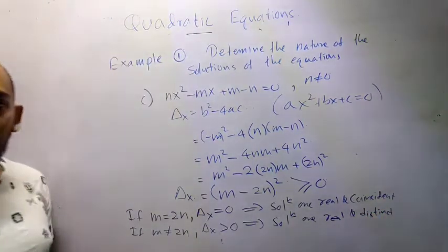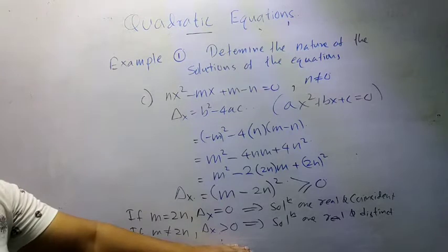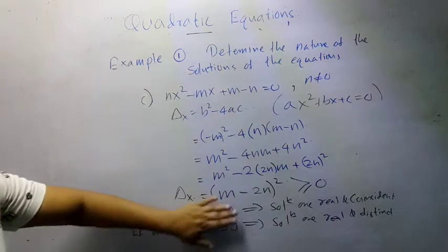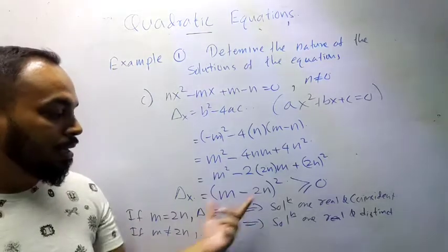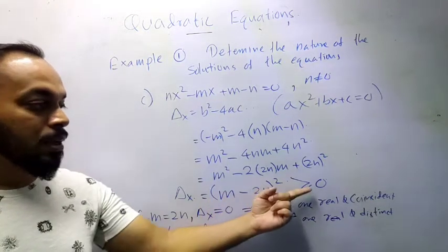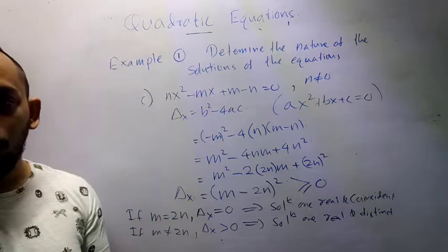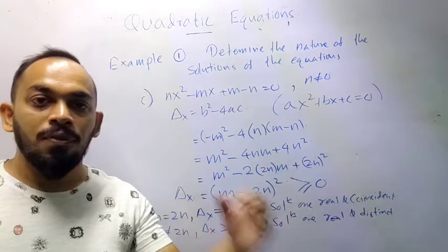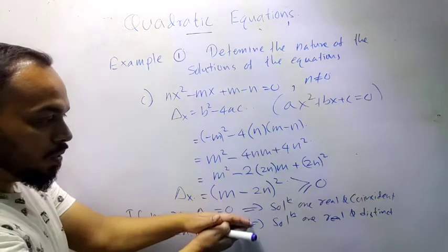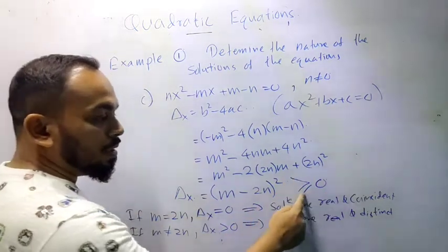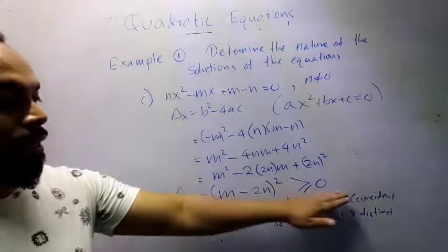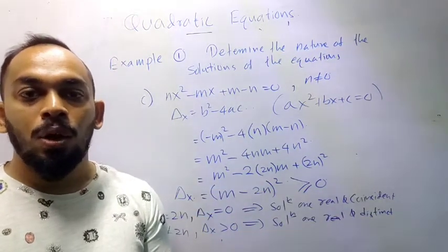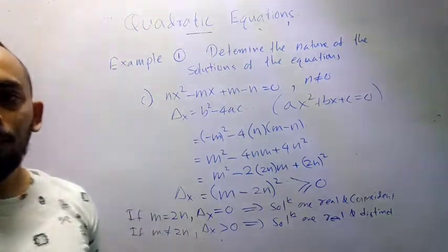The solutions are real and distinct. Right, so we can have two cases. In general, if we don't mention them separately, we can say that the discriminant is greater than or equal to 0, and in that case the solutions are real. If we combine both of them, we can say the nature of the solutions is only real.